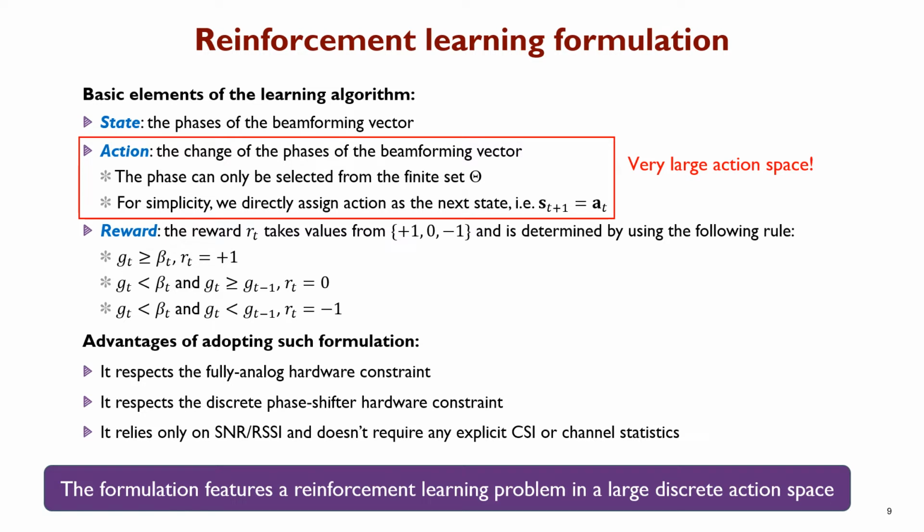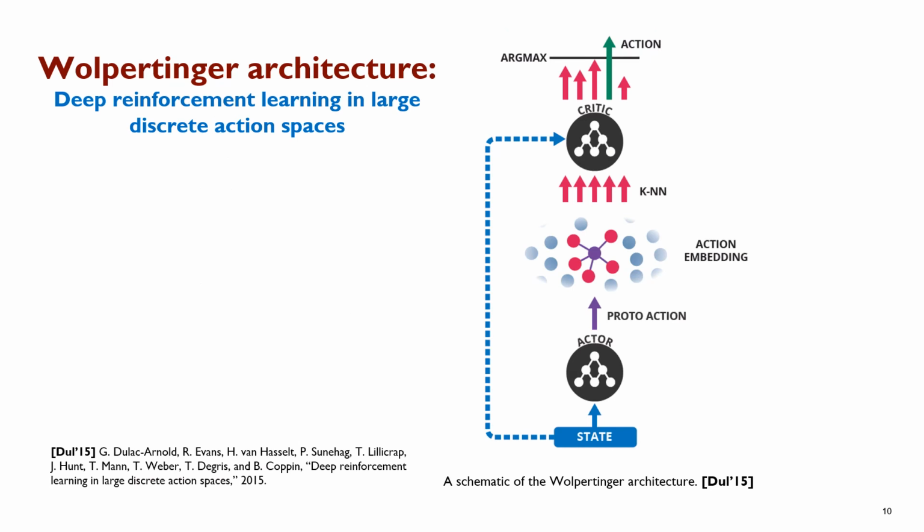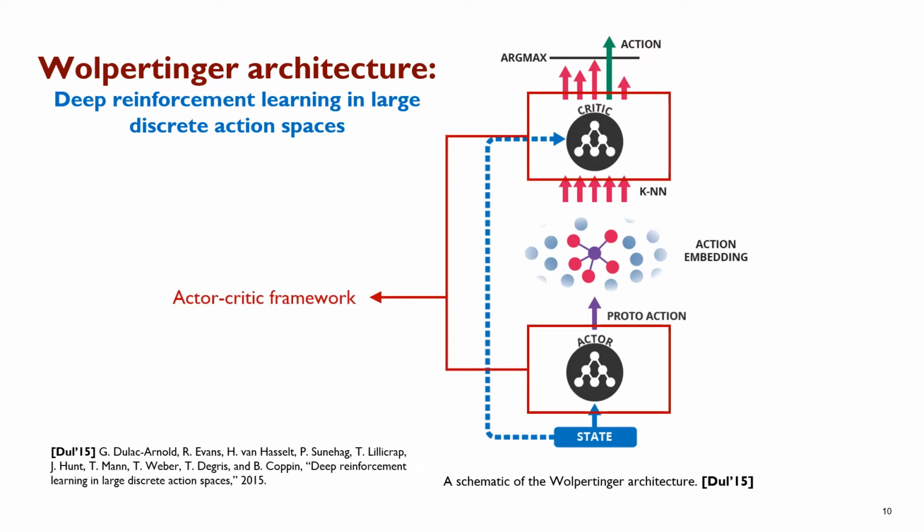However, from the definition, it can be found that the problem actually features a very large action space, which makes the commonly used reinforcement learning algorithms such as deep Q-learning or deep deterministic policy gradient hard to apply. Therefore, we adopt a novel architecture called the Wolpertinger architecture, and it is based on the actor-critic framework.